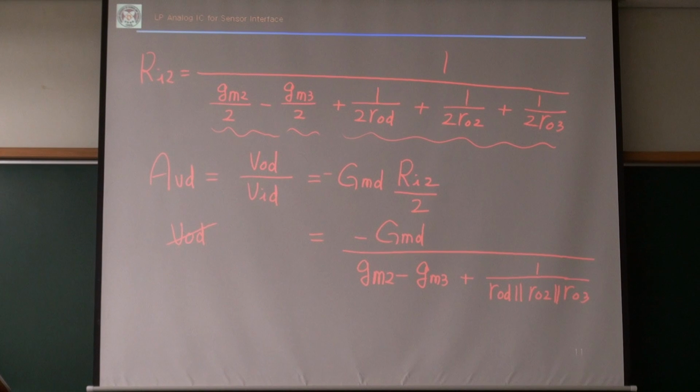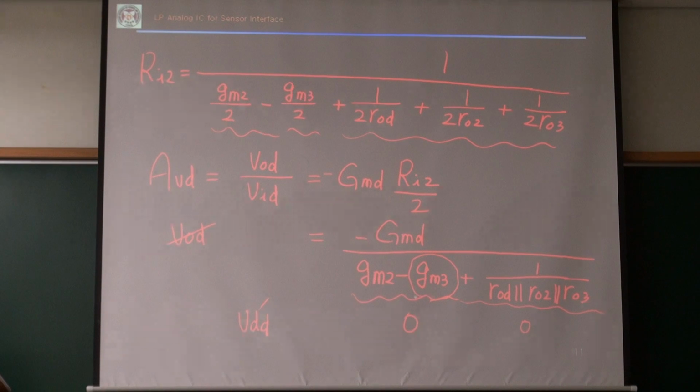So if I match GM2 and GM3 together, so this is 0, I have a pretty large voltage gain. Even if I make GM3 larger than GM2, sometimes I can make this term 0, and then I have infinite gain, theoretically. So we can try changing this VDD prime value.